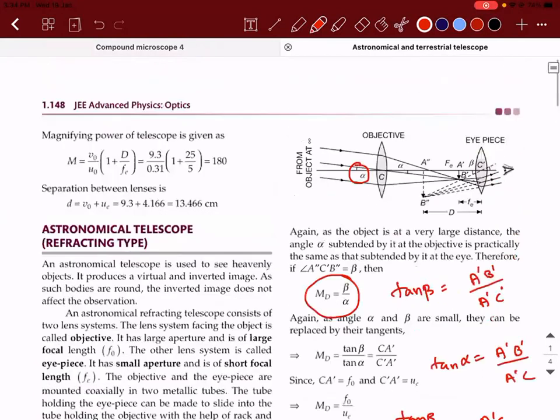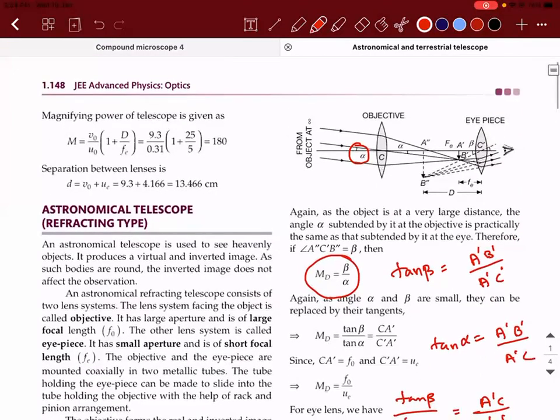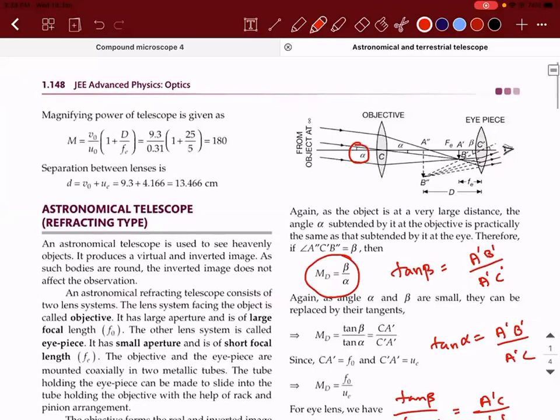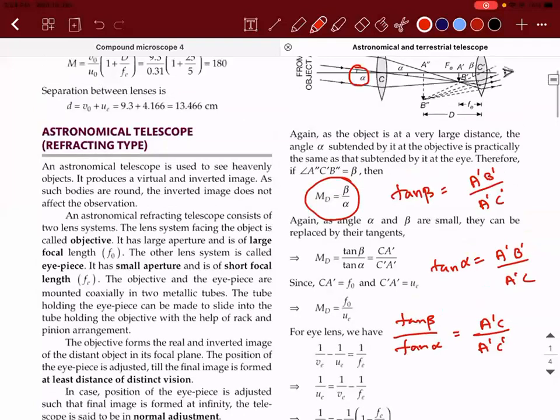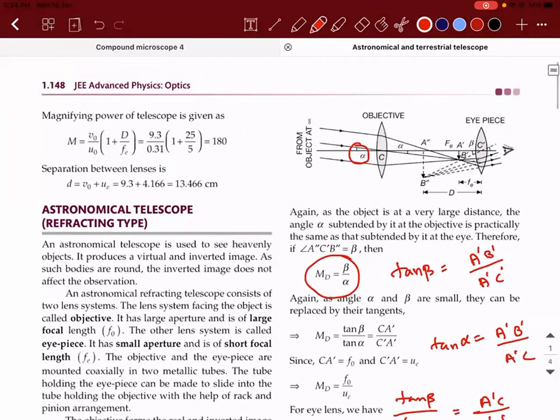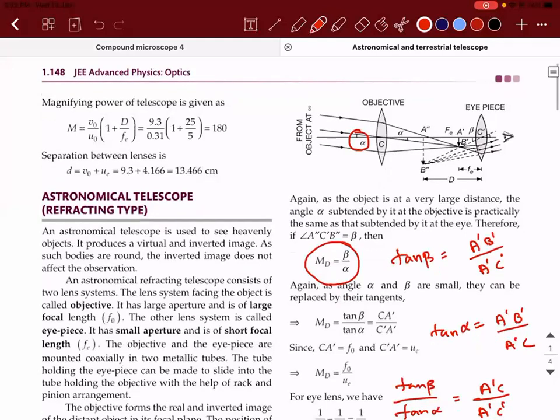But what is A dash C? A dash C is this distance, no?